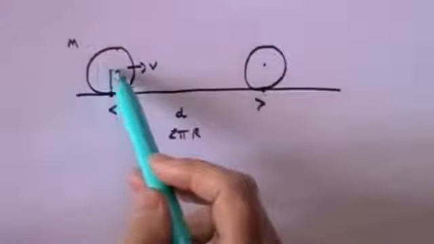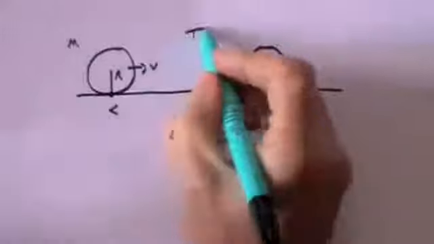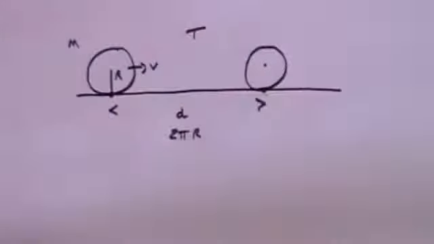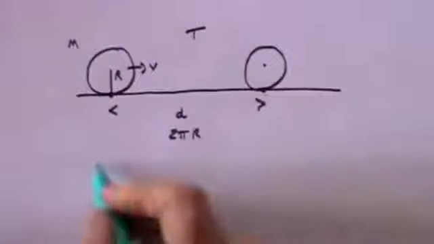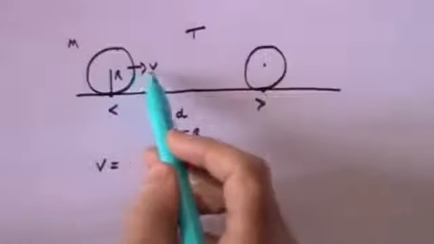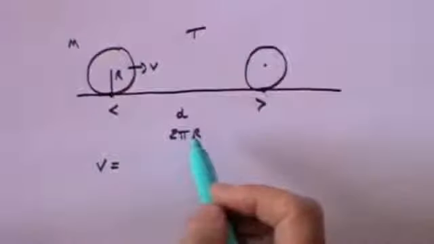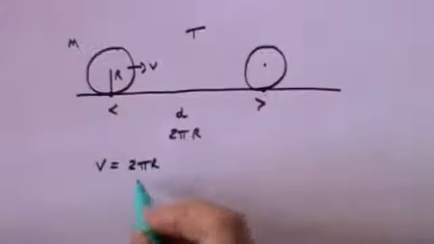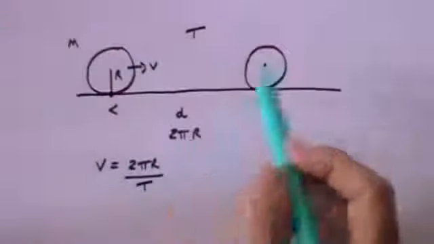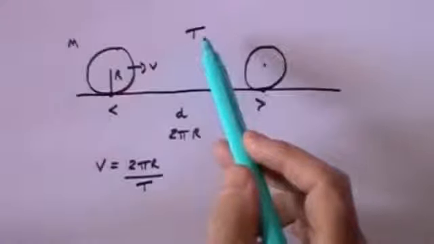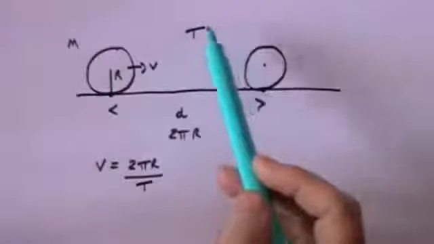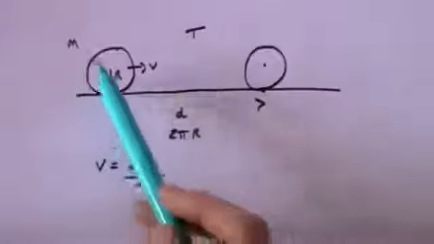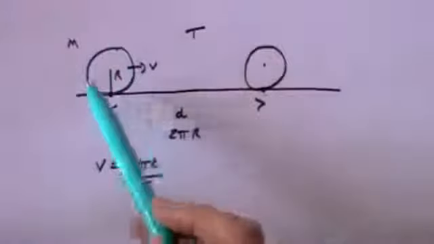And we'll say that it travels this distance in a time t. So the velocity, which is this velocity in this direction, is going to be the distance travelled, 2 pi r, divided by the time it takes to travel that distance. But that time represents one cycle of the wheel.